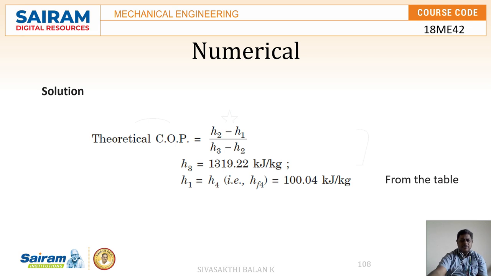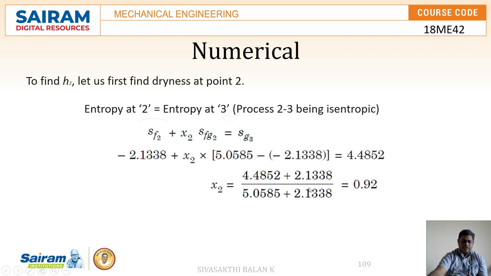H1 is equal to H4 because the expansion process is isenthalpic. Therefore, H4 is almost equal to HF4, and that is given as 100.04 kilojoules per kilogram. These two values we can take from the table which was given in the problem itself.